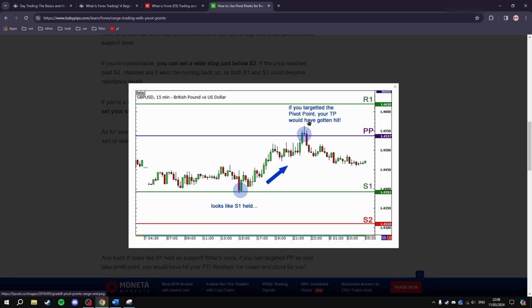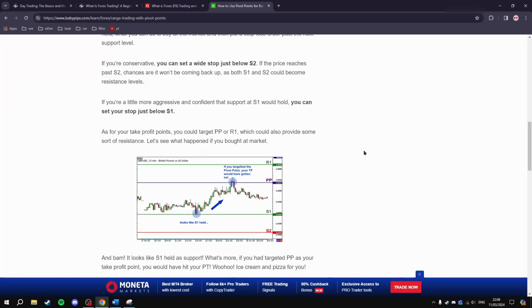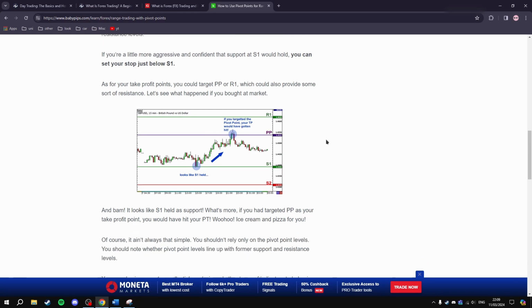If you targeted the pivot point, your take profit would have been hit, and it automatically closes the position, so you make basically the maximum profit you can, because after that it goes back down again. S1 held as support.